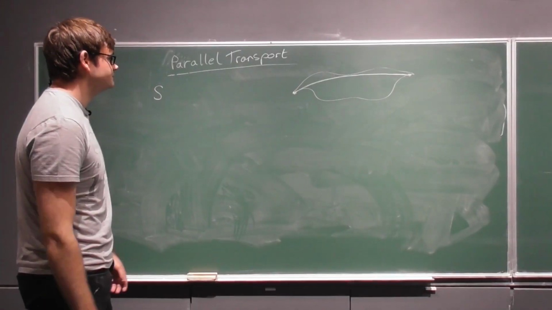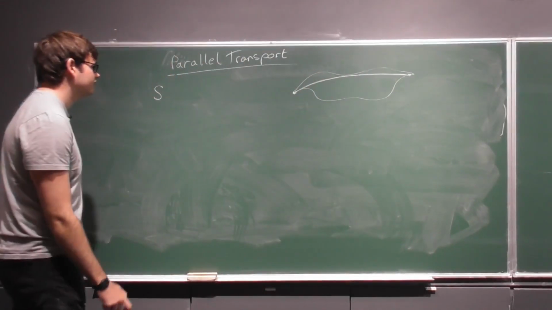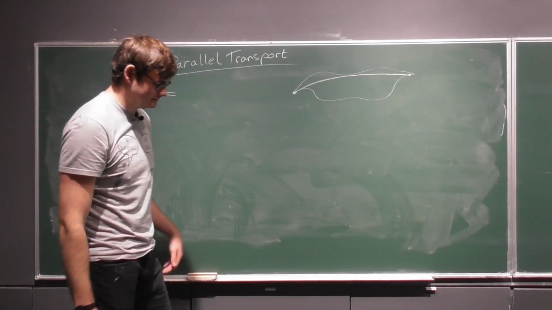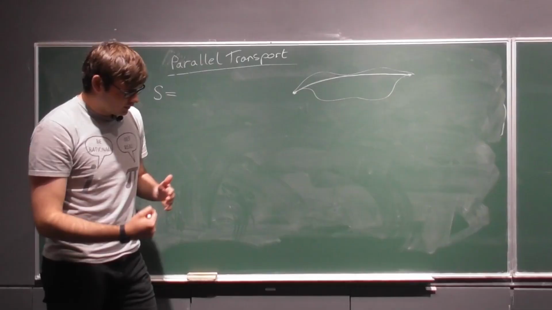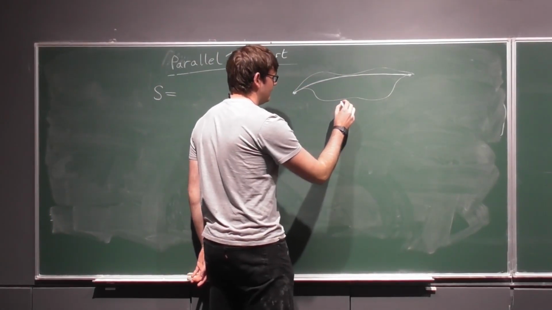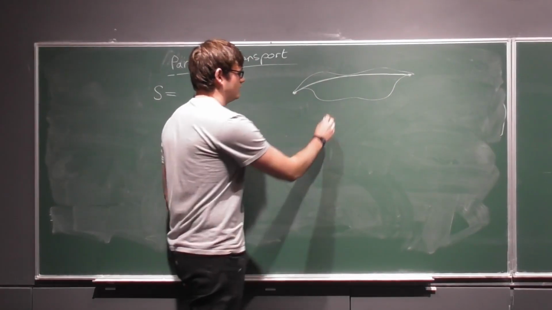Now, specifically, we formulate this in a way such that each of these trajectories depends on two things, all right?